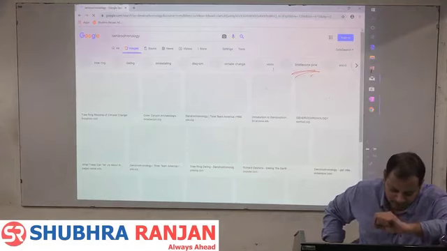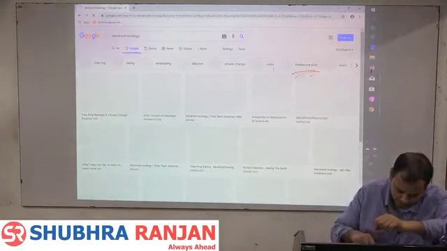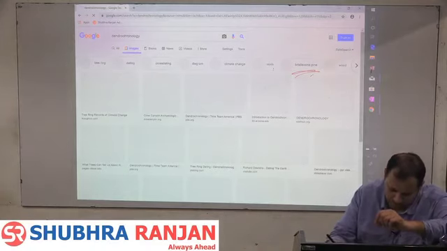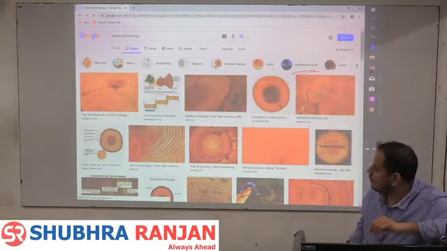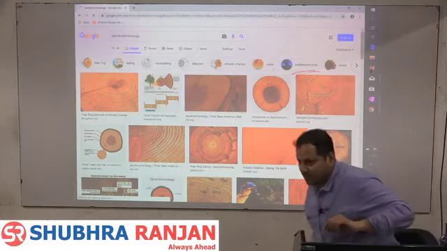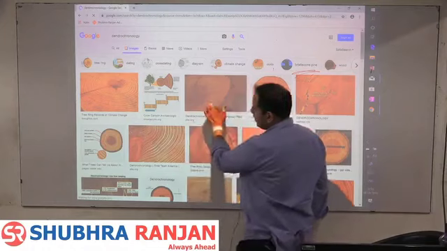Abrupt change of color, from light to dark, abrupt change of color. See, this is dendrochronology.